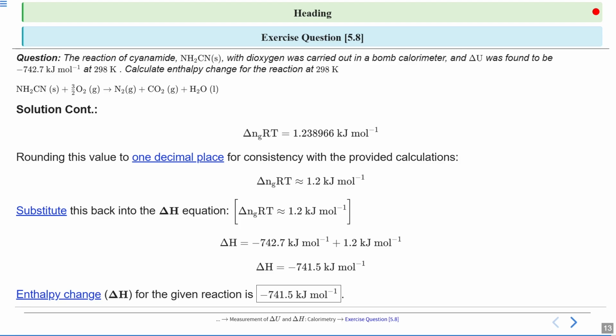Similar to the bomb calorimeter calculation, we have the heat capacity of the liquid again, then the mass of the substance that we are combusting, and the temperature change is calculated through a thermometer. Put this back in the equation and you will get C delta T. Since the heat exchange is occurring at constant pressure, the heat change will be equal to the enthalpy change, and therefore we got our enthalpy change. So this is the basic idea for these two chapters that we have studied right now.